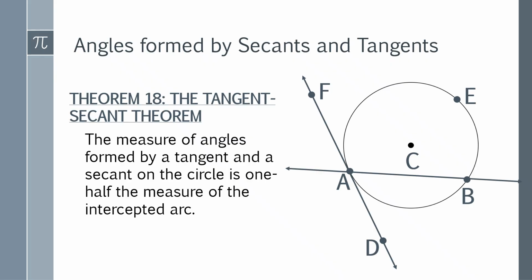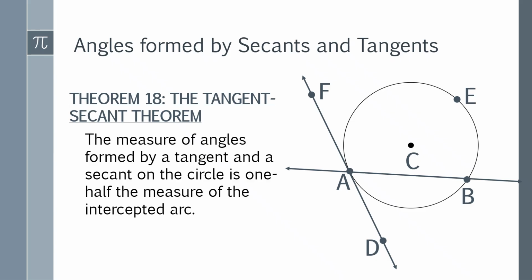There is another angle, which is angle FAB. The intercepted arc of the angle FAB is major arc AEB. Now, to find out the measure of the angle FAB, we have to get a half of the major arc AEB.